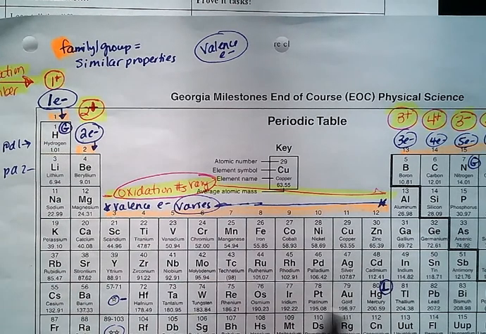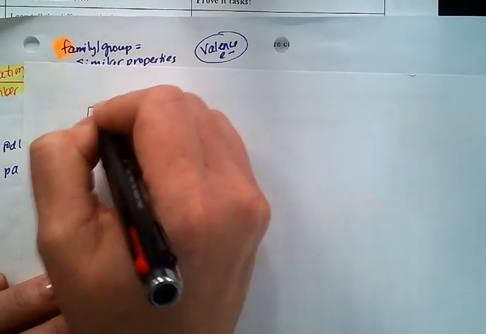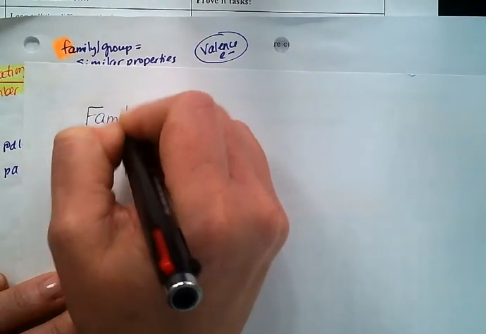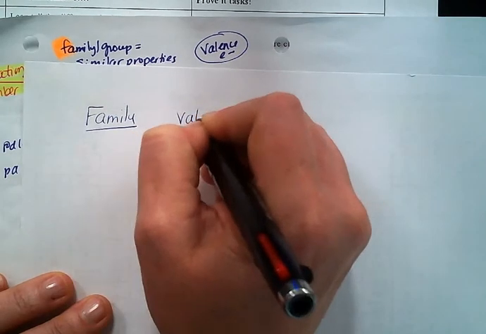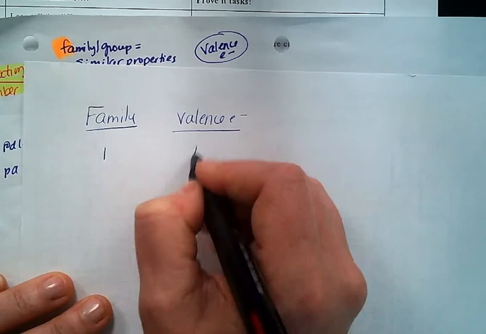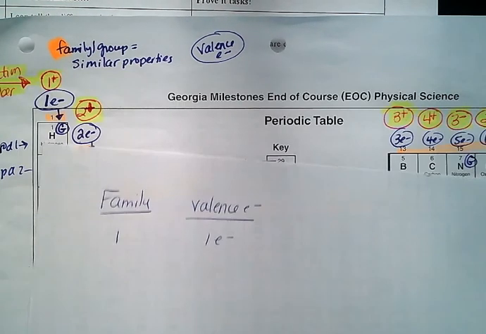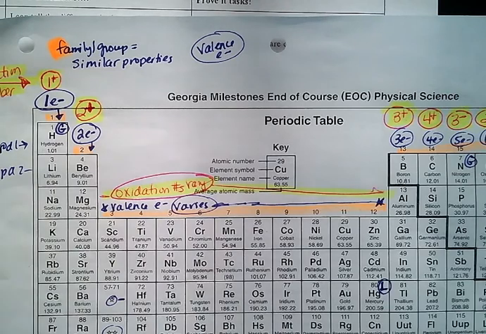What I would probably do is I would write the family groups here, and I would write valence electrons here. And then I would write family group 1 has 1 valence electron, and so on and so forth. So you can make a visual for that. It's very, very simple. It doesn't take long.